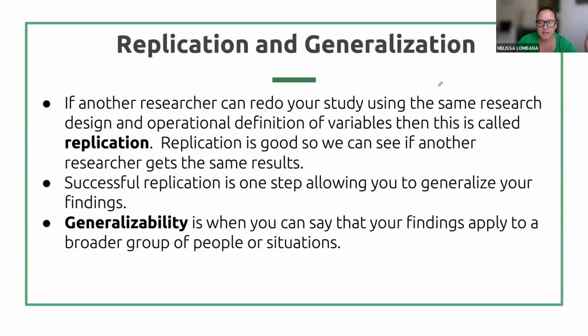It's basically that with all this information, specifically the operational definition of the variables, so write that down, in order for it to be replicated, our operational definitions of the variables and the step-by-step procedures need to be very clear and detailed. This allows for replication.